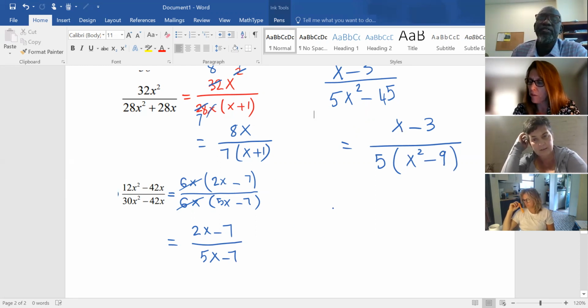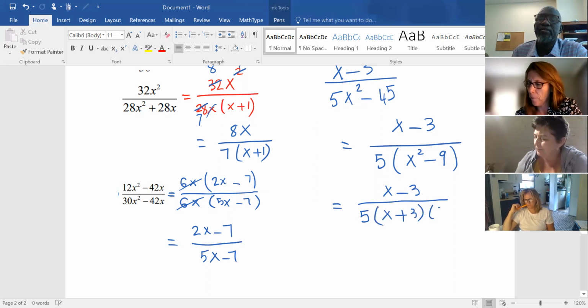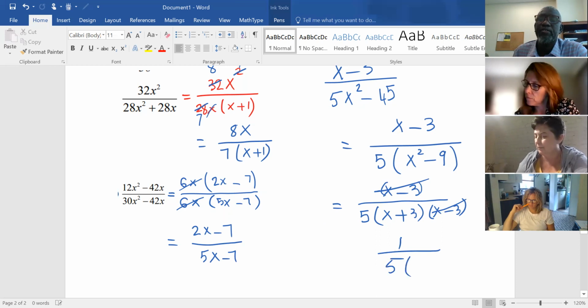We can still factor. How do we factor x squared minus 9? Perfect square: x plus 3, x minus 3. Thank you. And now, of course, we can cross out the x minus 3's. We get 1 over 5 times x plus 3.